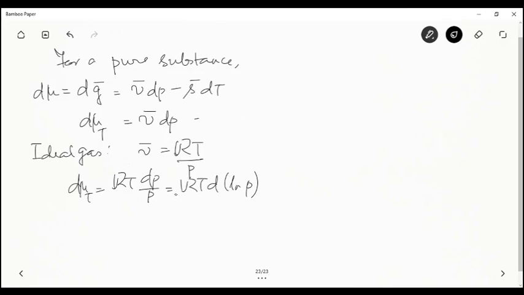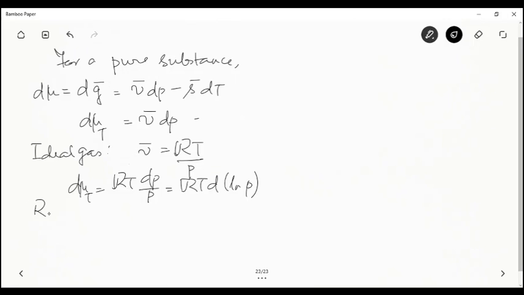If we want to write the same expression for a real gas, then V is not RT by P, it would vary from that. So for a real gas, if I want to retain the same form, then I'll introduce a new variable in place of P, fugacity.